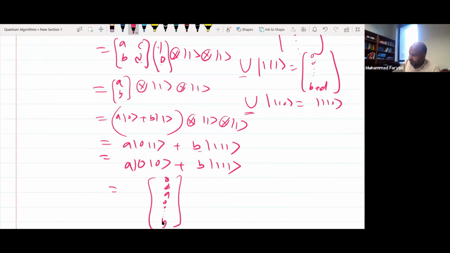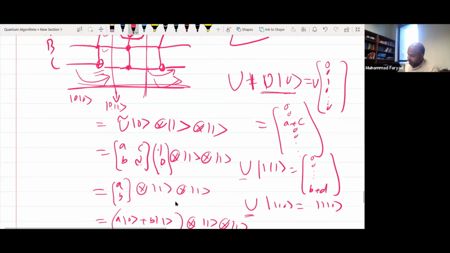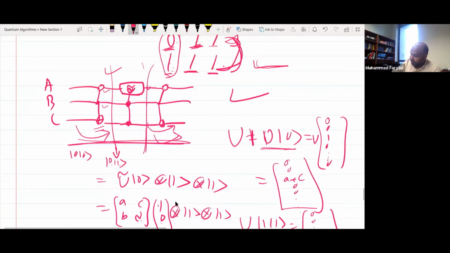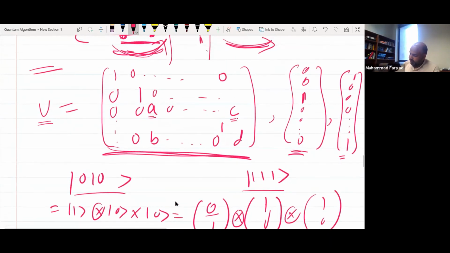And this was not what I wrote here. Let me check it again if I wrote it correctly or not. So let's say what happens if I implement this state 0 1 0, and this multiplies with this matrix, what do we get? We get A here and B here, right? क्योंकि यहाँ पे 1 आ रहा है ना.